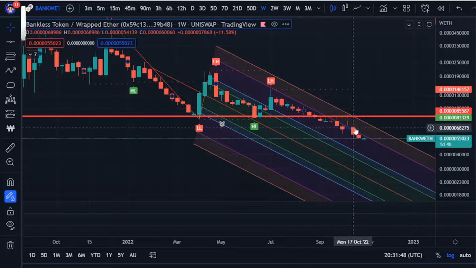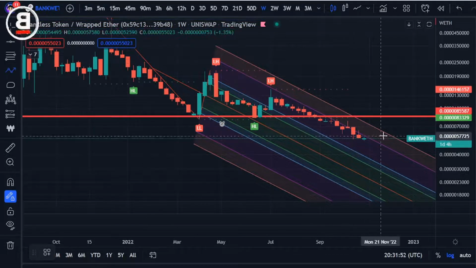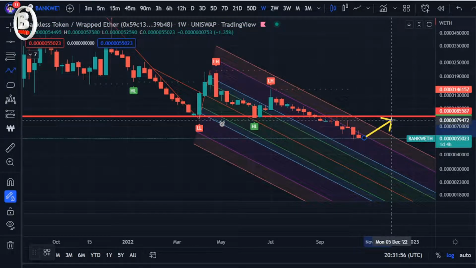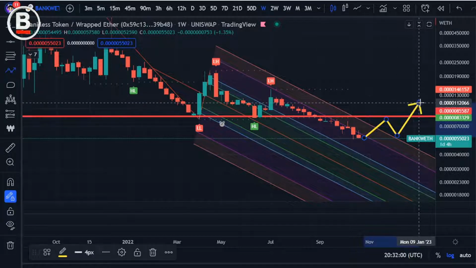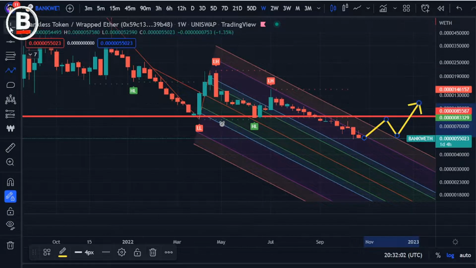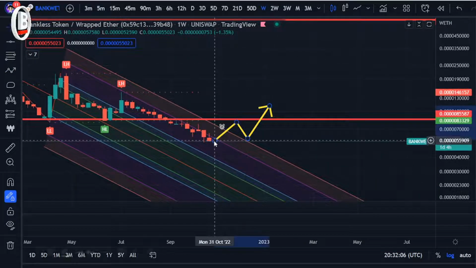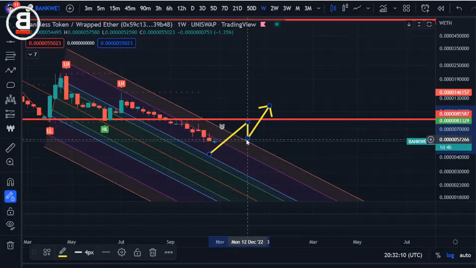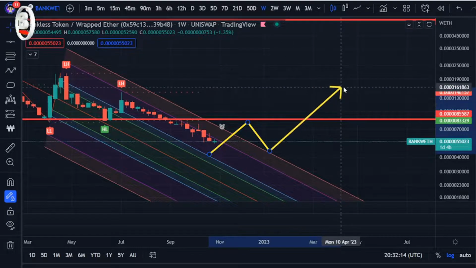And we've been testing the liquidity up into the next channel. Again, what we would like to see is a move up and out at some point out of this channel. And this is what that might look like.